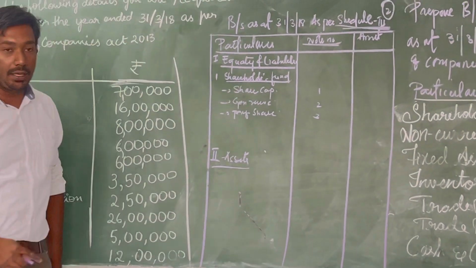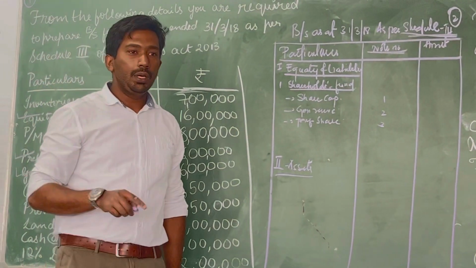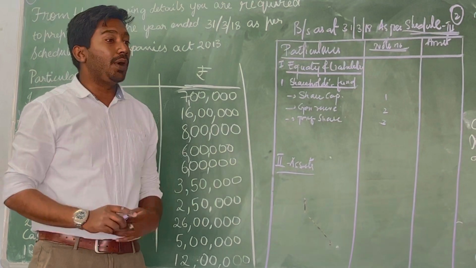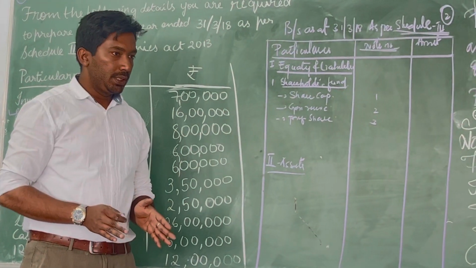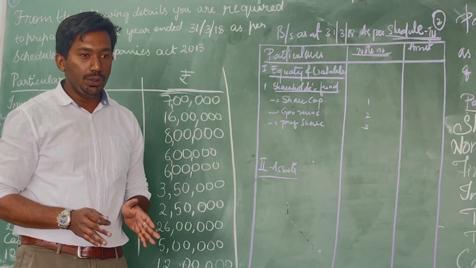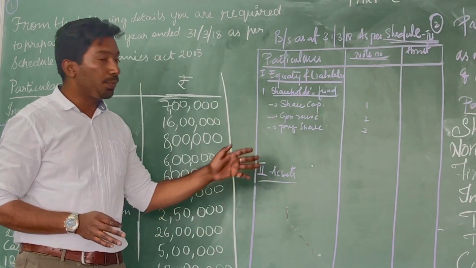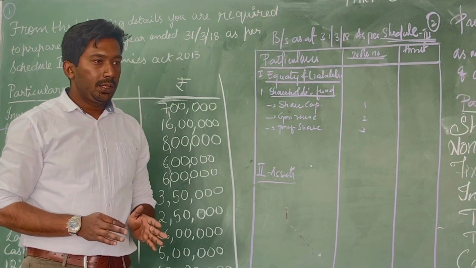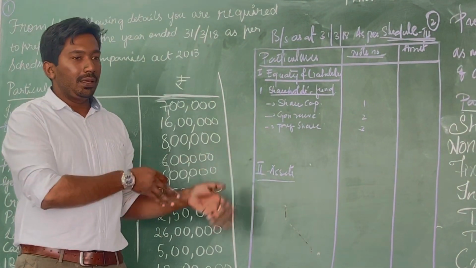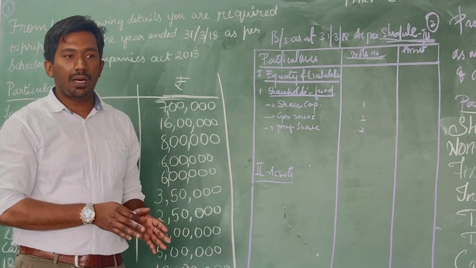Actually, this comes under final year BCom. You have one subject called Advanced Accounting. Under that, you will study the schedules. There are around 32 schedules which you need to remember to prepare a balance sheet of a joint stock company. Understood? It is like, normally we prepare a ledger account, right?